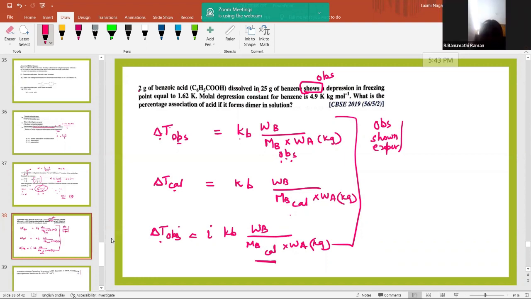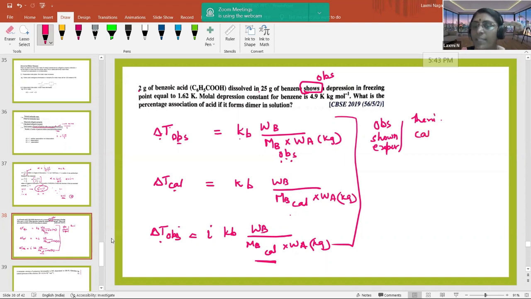Experimental is different from theoretical, which is different from calculated, which is different from expected. So normally avoid using the term EXP so that they won't get confused. So observed is same as shown, theoretical is same as calculated.